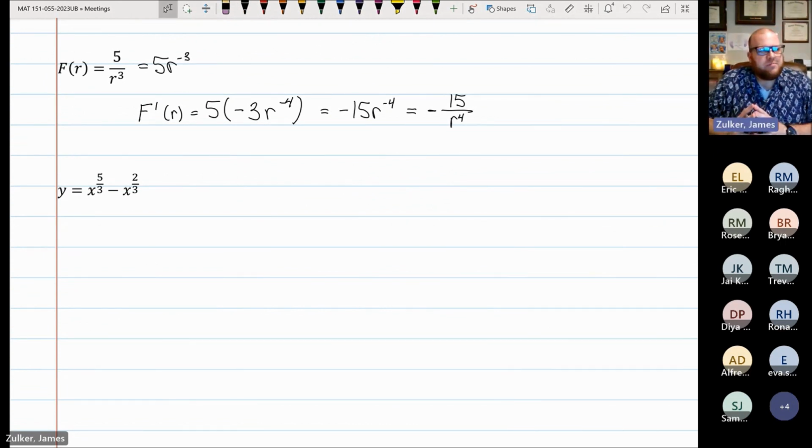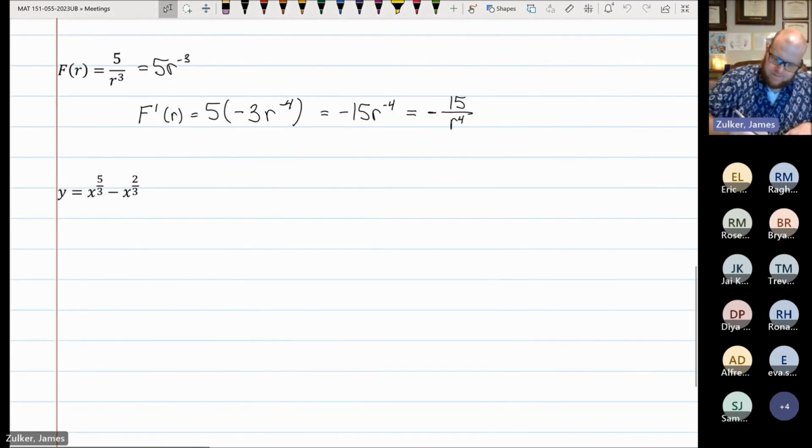Fractional exponents. Power rule still works. Bring the exponent down.